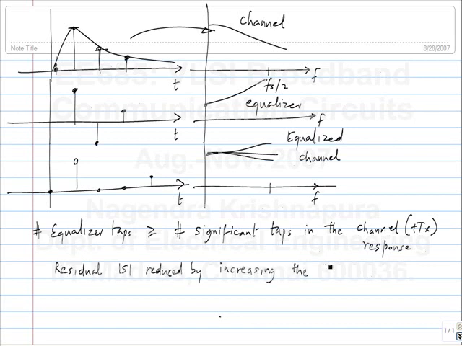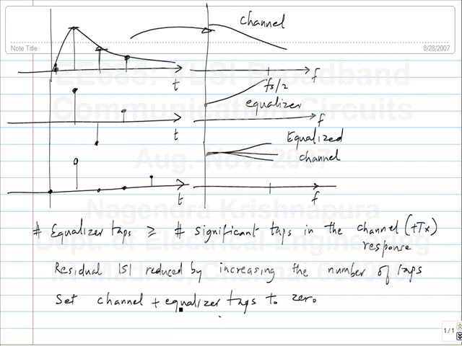Okay. If you increase the number of taps, you will have more taps in the combined channel plus equalizer response. There you set all the intermediate values to 0 to find out the tap weights. After that, the last one that remains will have a smaller weight. Okay. You set the channel plus equalizer taps to 0, and you can't do this for everyone, as many as possible. Okay.